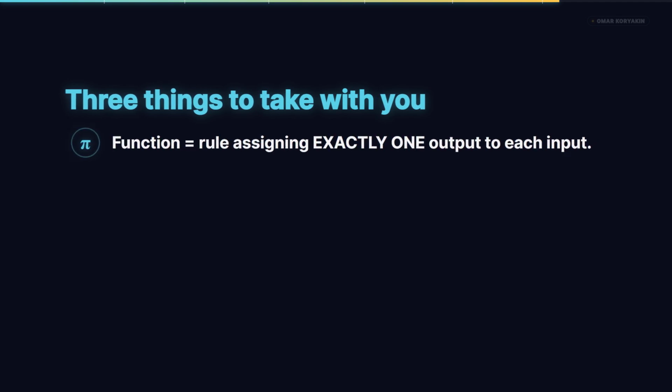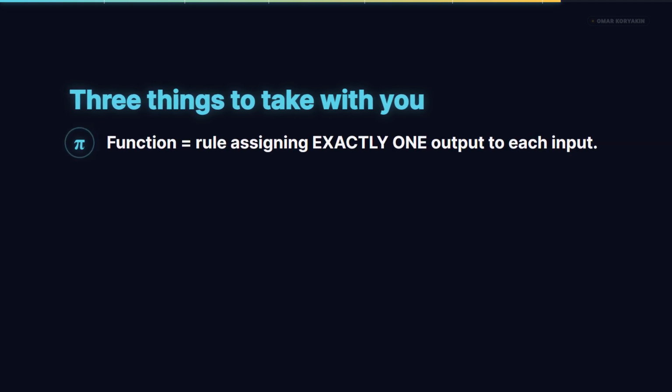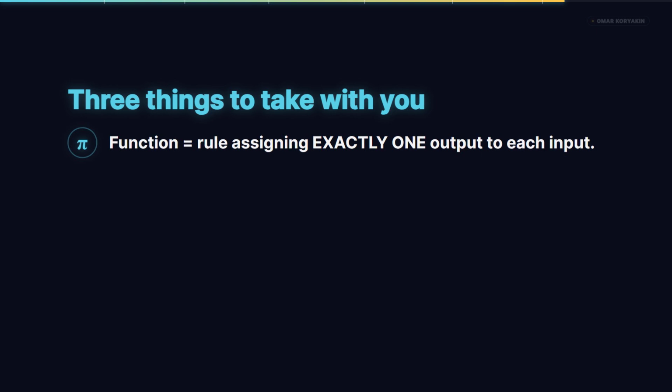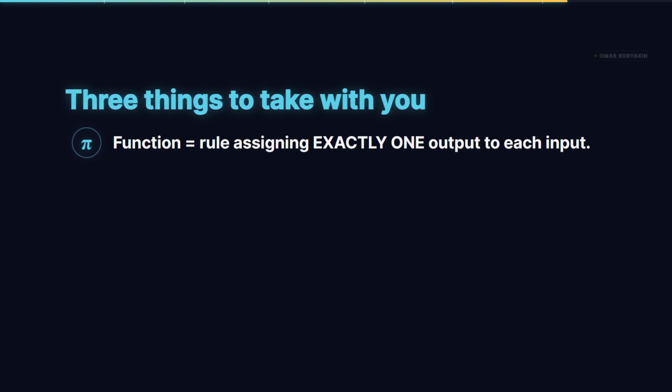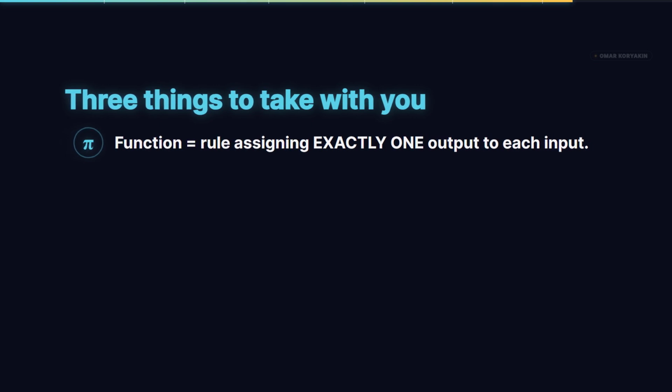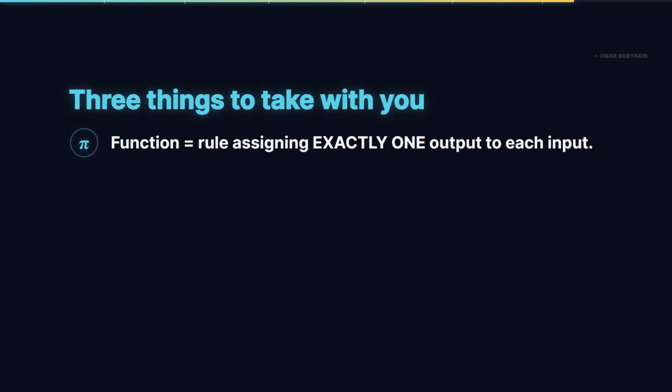First, a function is a rule that assigns to each input exactly one output, with no input ever mapping to two or more different outputs. The uniqueness of the output for each input is a defining feature. A function takes any allowed input and produces a single specific output, never two or more. This is what makes functions useful. Given an input, you always know exactly what to expect for the output, with no ambiguity.